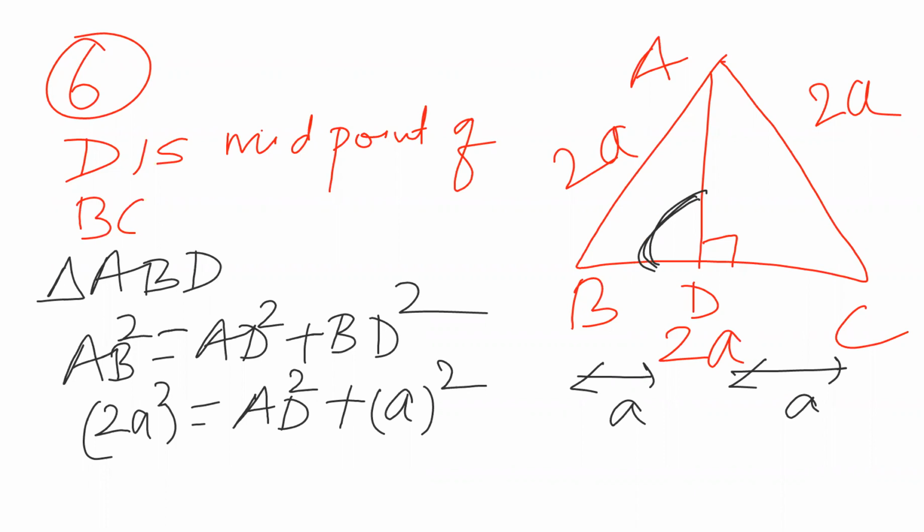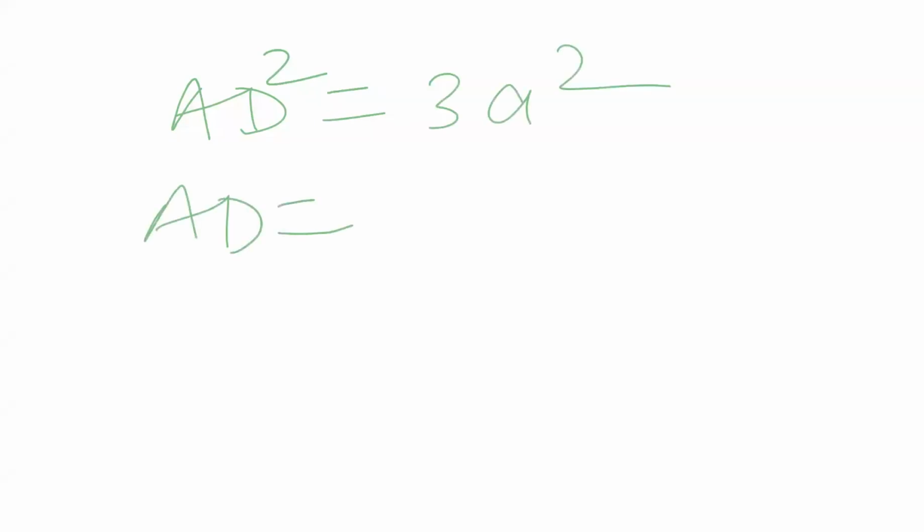So on the left hand side, this will become 4a square, and this a square. So 4a square minus a square will be 3a square. So AD square will be 3a square, and AD will be plus minus root 3a.